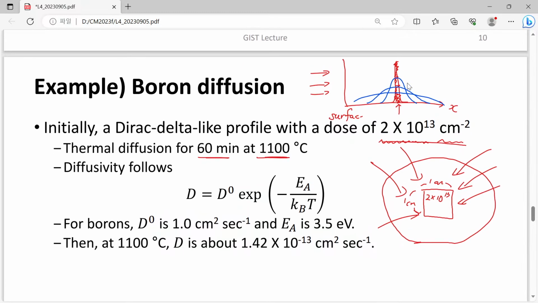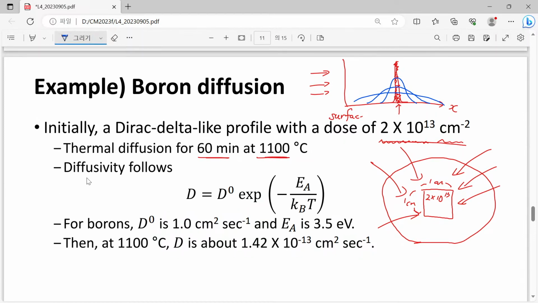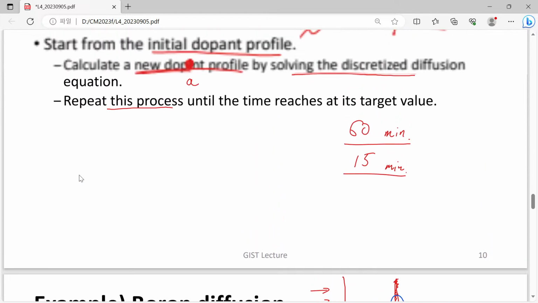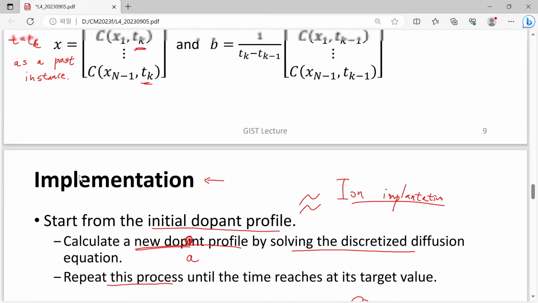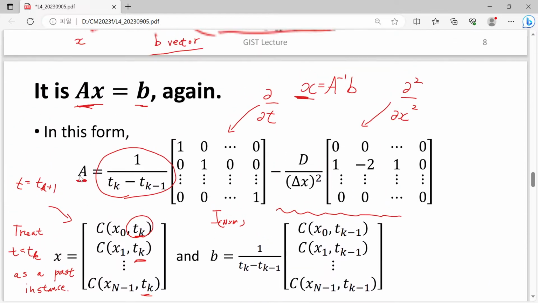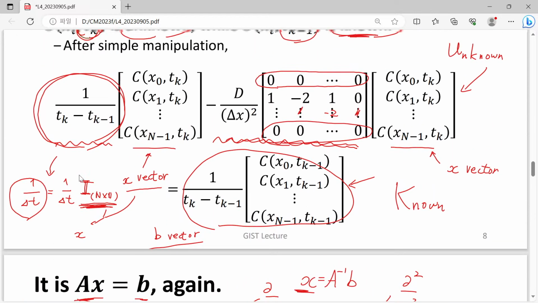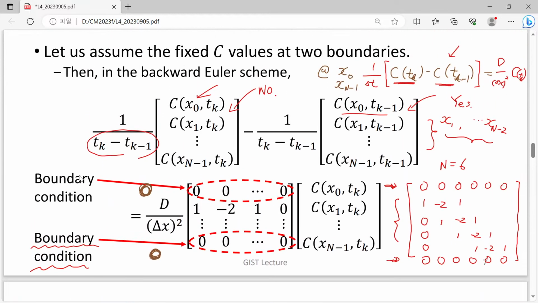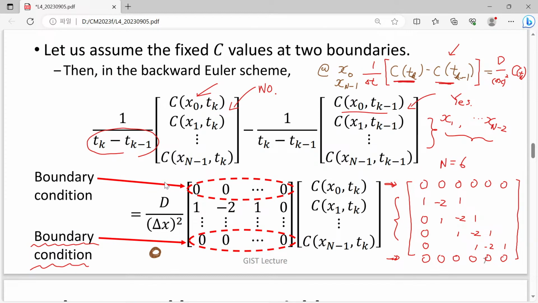In order to solve this problem, we must calculate diffusivity. Previously, one student asked me a good question: why don't we care about the D value when we consider the steady state condition? This is the discretized form of our diffusion equation.